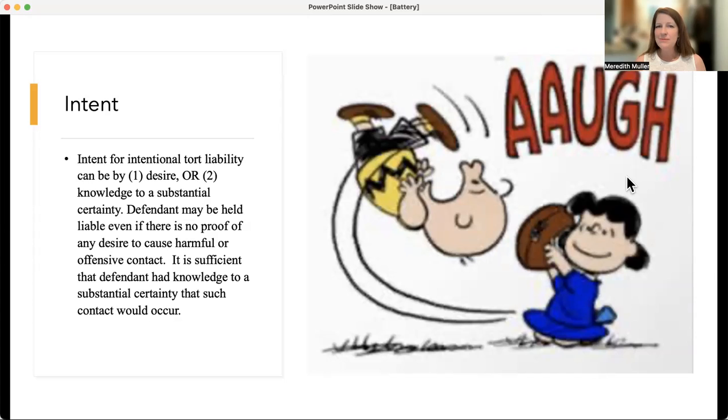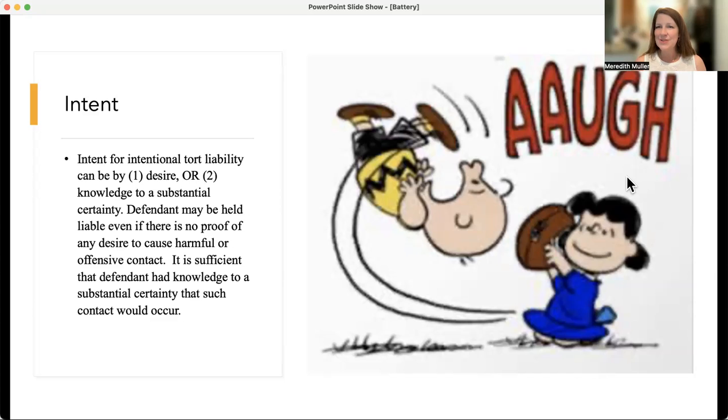Look at Miss Lucy pulling the ball away from Charlie Brown. She did not slap him in the face. She did not physically touch him. She did not physically push him to the ground. We'll talk about touching in a minute, but basically, what's her intent here? Her intent is for him to miss the ball and land on the ground.